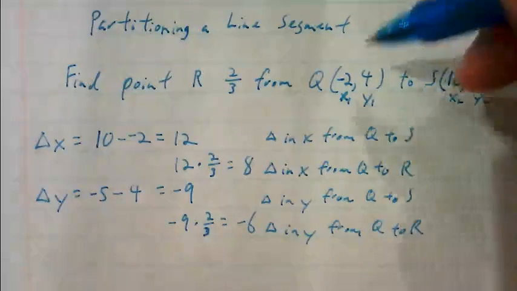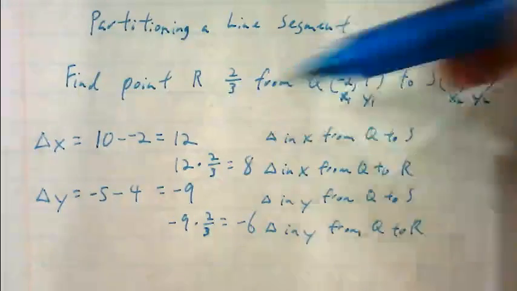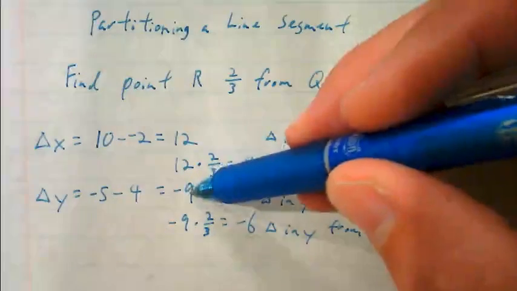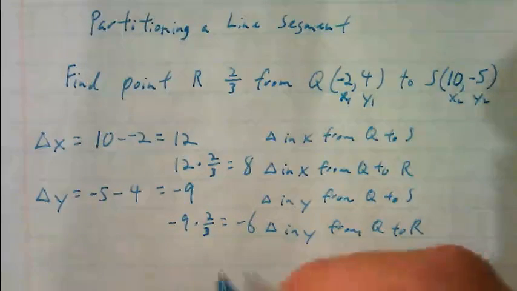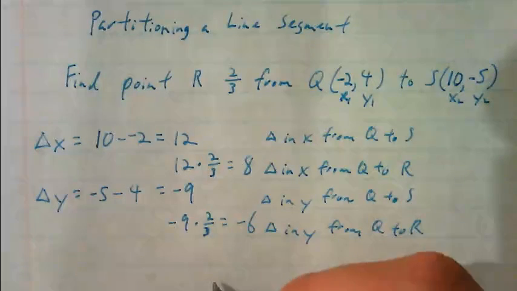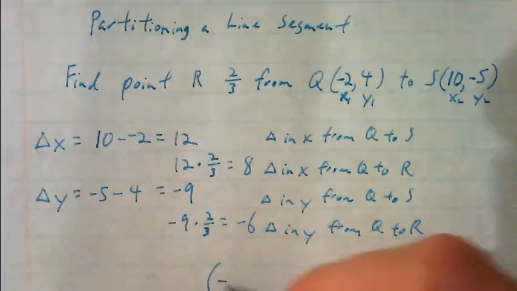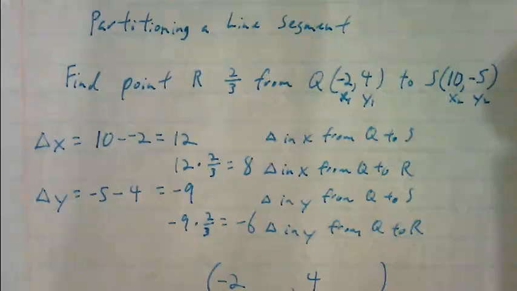Just like if I wanted to go from Q all the way to S, if I added these original numbers to the values of Q, like 12, if I added that to -2, I would get 10. If I added -9 to 4, I would get -5. That's the distance I'm moving. This is now the distance that I'm moving to R from Q. So I take the original Q values of -2 and 4, and now I'm adding that change.